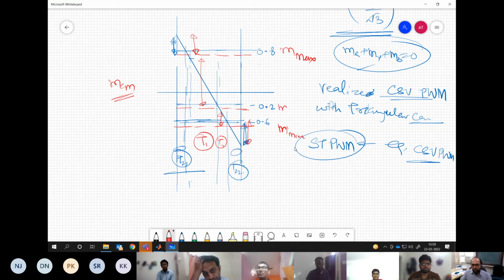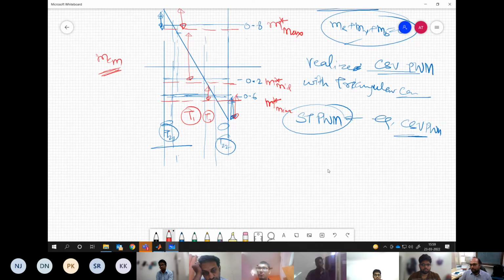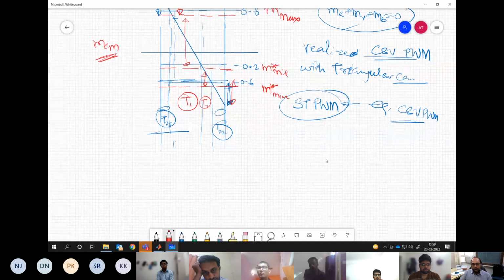This is always going to be true. So after addition of this common mode, we have new modulating signals, which we can call M max star, M mid star, and M min star. Now this is what we are trying to do: we are trying to make TZ1 equal to TZ2.